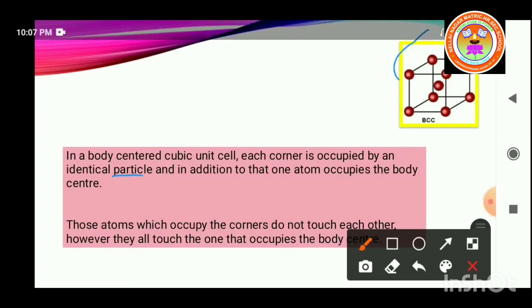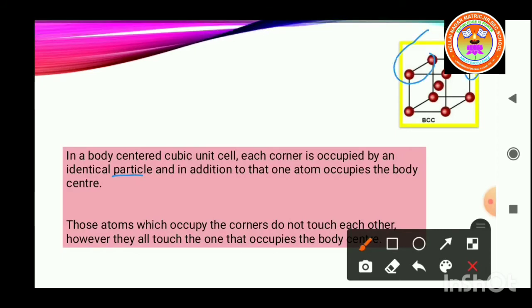Each corner is occupied by identical particles, and in addition to that, one atom occupies the body center. The center position has an atom present, that's why it is called a body centered cubic system.